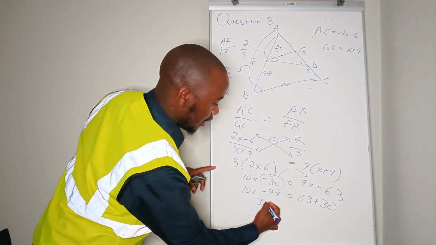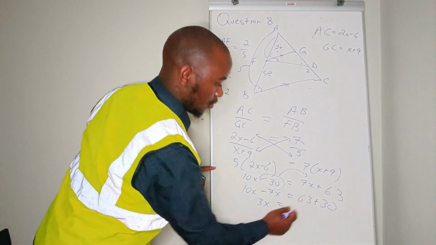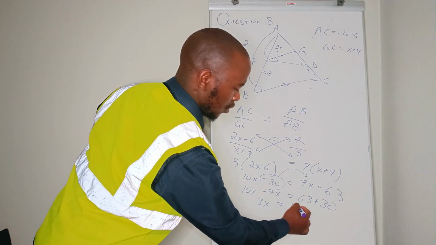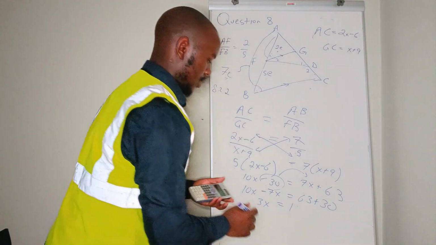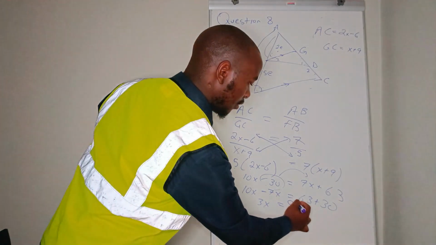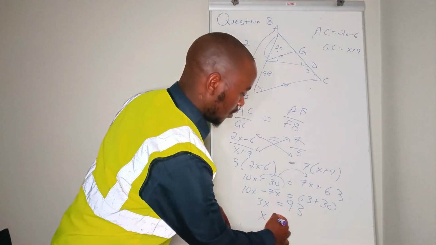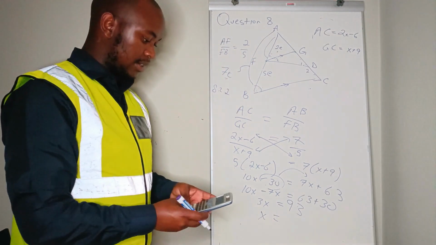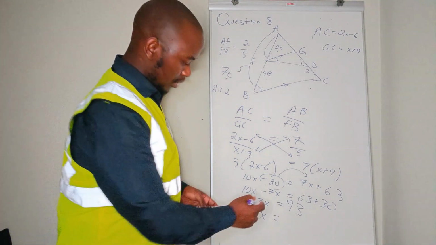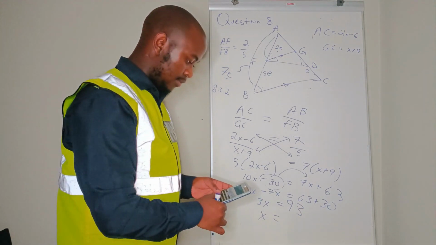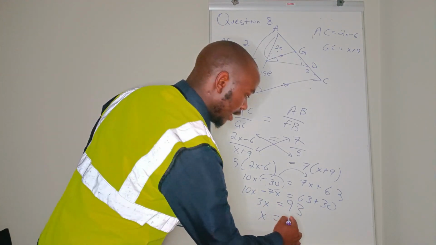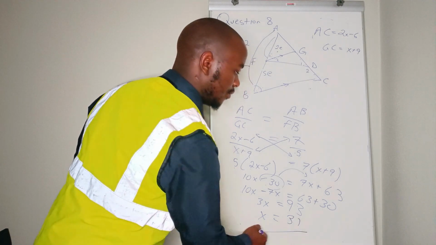So we have 3x equals, okay, that's going to be 93. Then what is 93 divided by 3? So we divide by 3 both sides, and we get an x of 31.